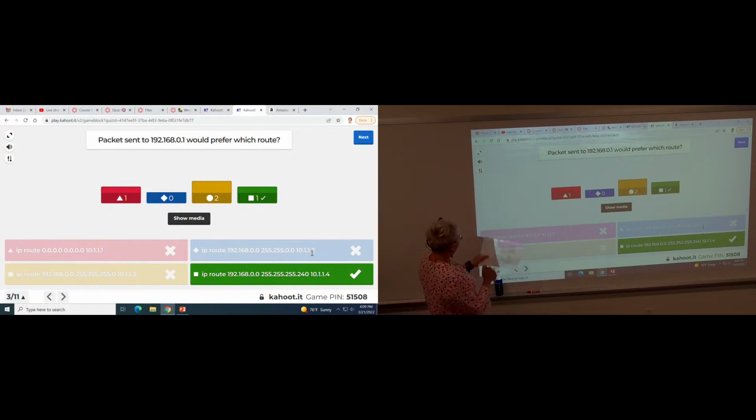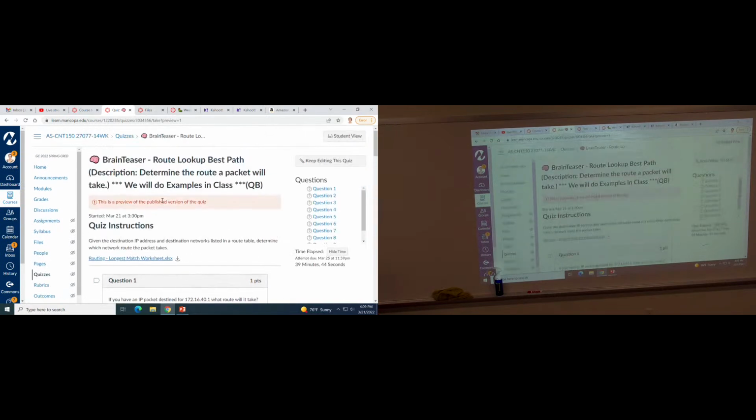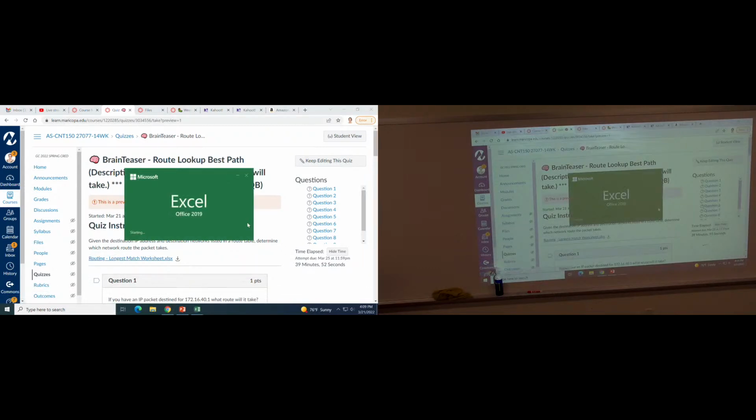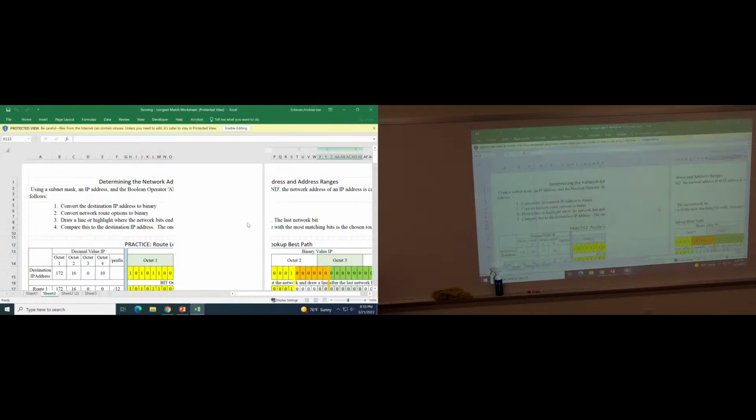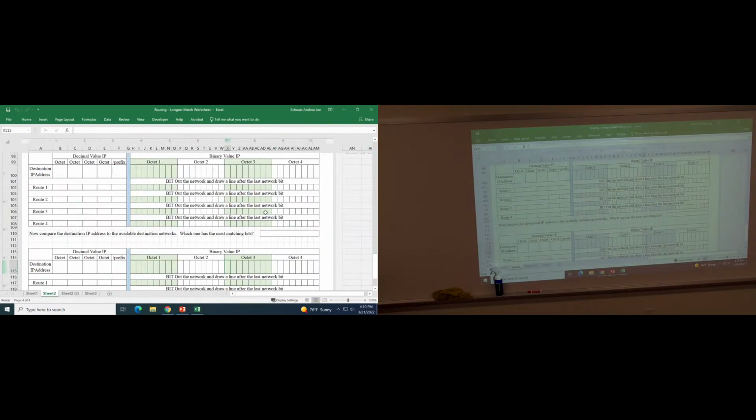All right. So fill out the destination IP address, the 192.168.0.1. All right, so let's see. 192.168.0.1, right?